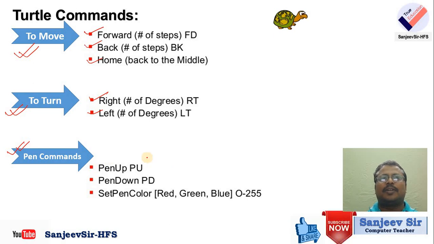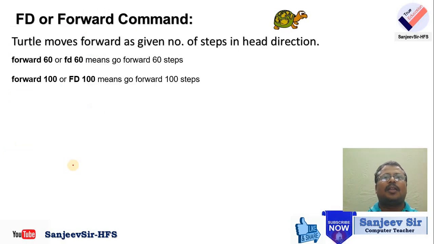So these all we will discuss later, in the next video or next time. Now we understand what we mean by the turtle FD command. Turtle FD command means given the number of steps in the head direction, turtle moves forward. How much? Given number of steps, in the head direction.